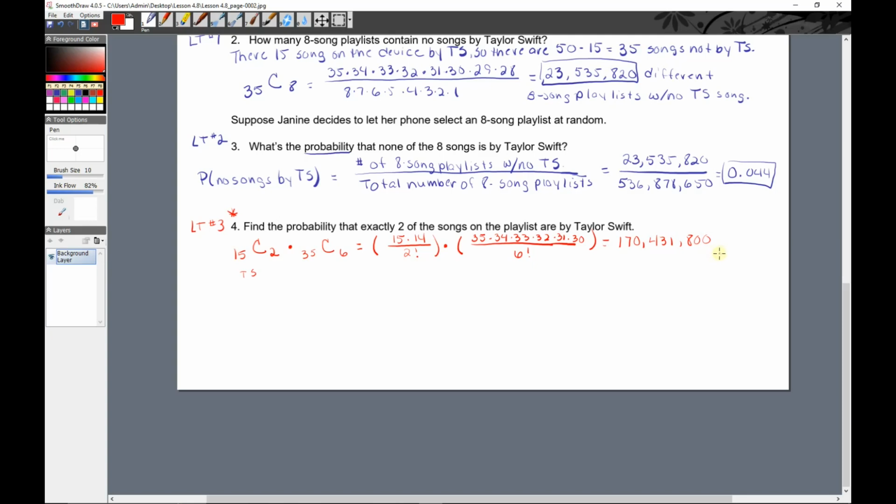And this will be ways to get exactly 2 of the songs in each playlist by Taylor Swift. But that's really not the answer. This is not what they asked us. It's a means to an end, but it's not the answer.